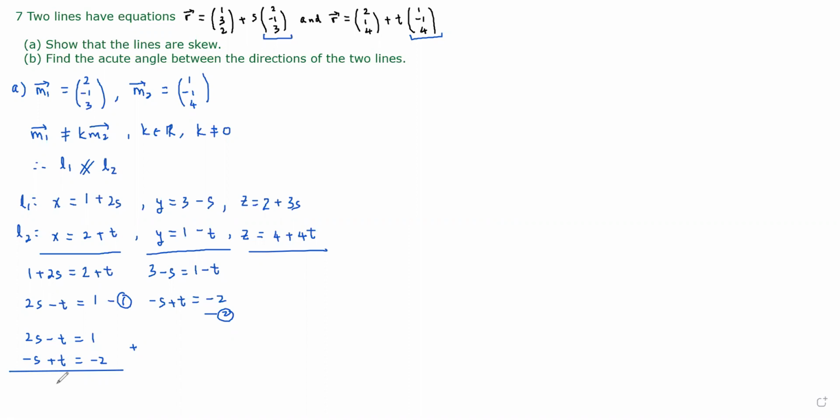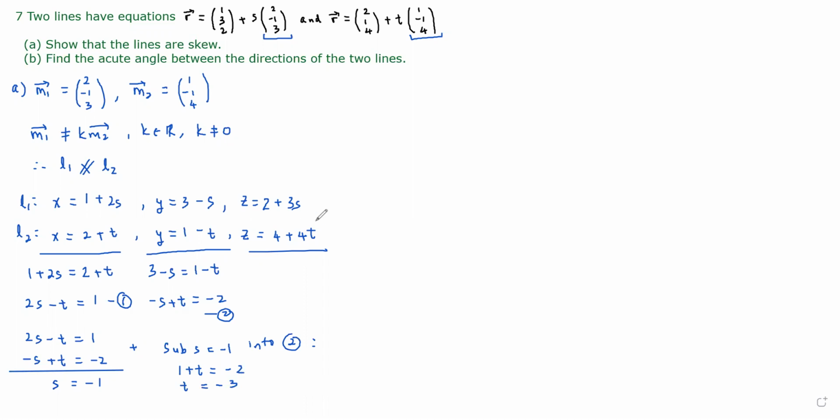So 2s minus s is s, and s is negative 1. To find the value of t, we can substitute s equals negative 1 into equation number 2. You can substitute into equation number 1, it doesn't matter. So when s is negative 1, negative s will give us 1 plus t equals negative 2, and we have t equals negative 3.